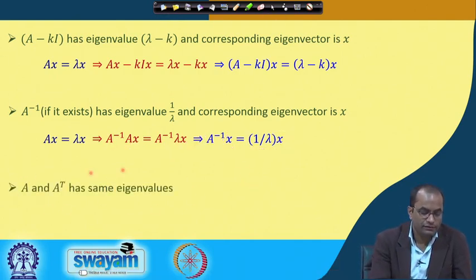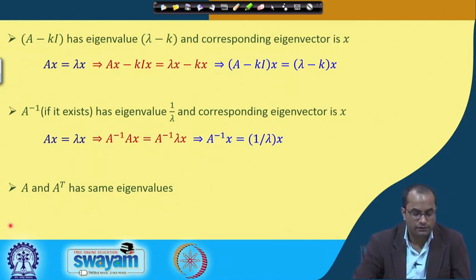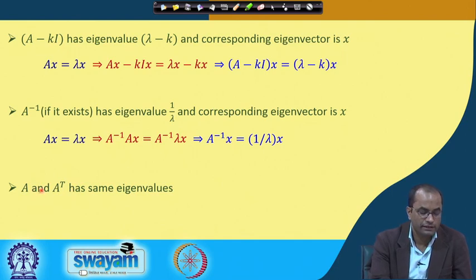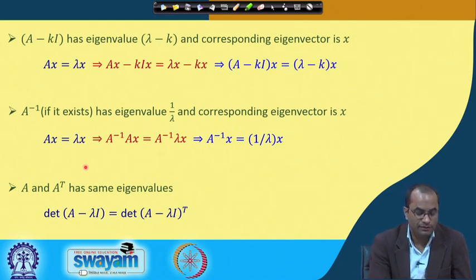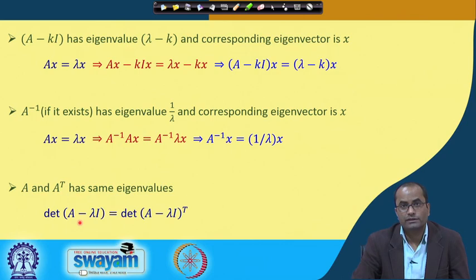So, A and A transpose have the same eigenvalues, which we can again easily see, because the determinant of A minus lambda I is the characteristic equation which actually gives the eigenvalues.